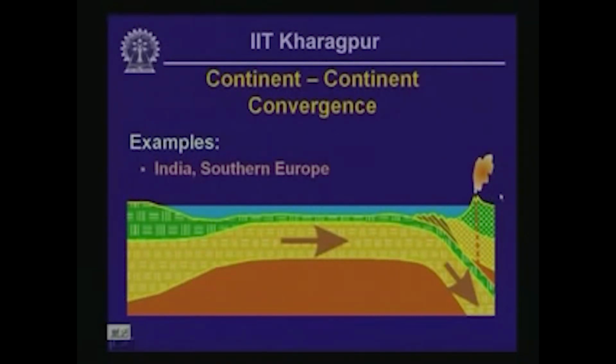And as earlier, a subduction is taking place where the oceanic plate is actually moving underneath the continental plate.